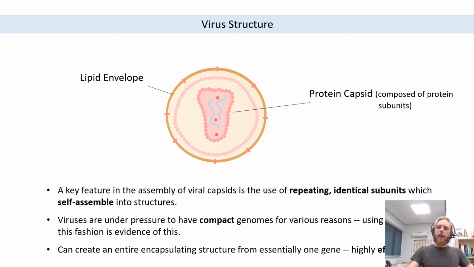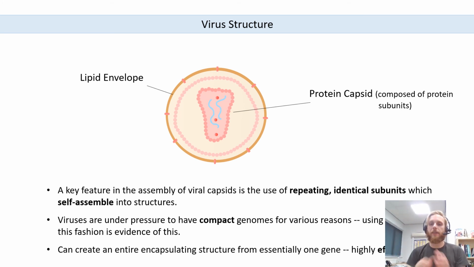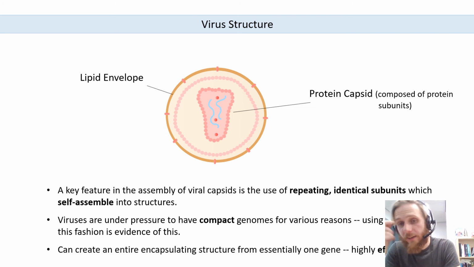The reason why the protein capsid is so interesting is because it's typically composed of protein subunits. However, these protein subunits are typically identical, so they're repeating, and they self-assemble into a structure. Viruses have a strong selective pressure placed on them to have small genomes, and we'll talk about why later, but for now we just need to understand there's a strong selective pressure for viruses to have small genomes, and one of the ways viruses can maintain their small genome is to evolve to use the exact same gene over and over again for the same thing, and that's what they've done with their capsid.